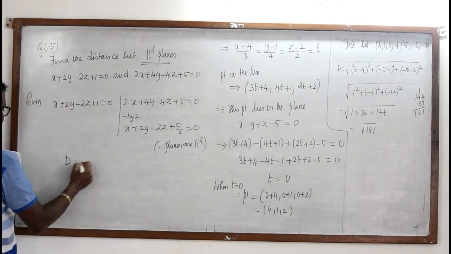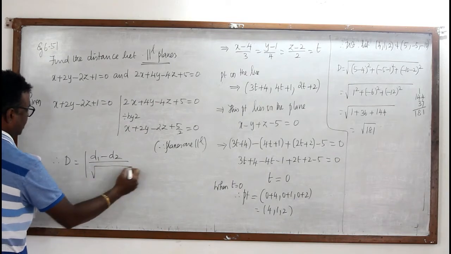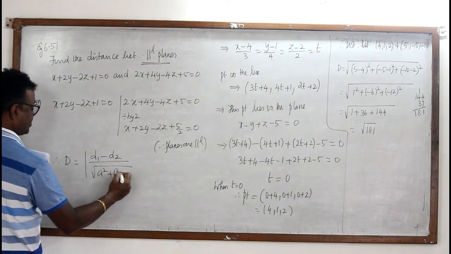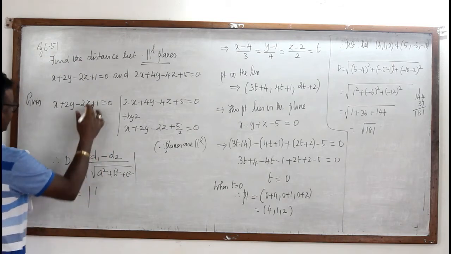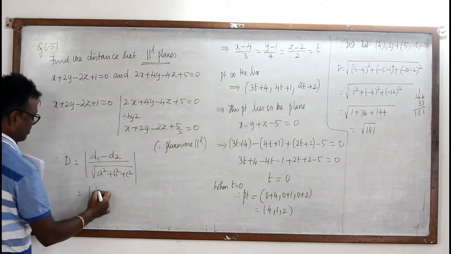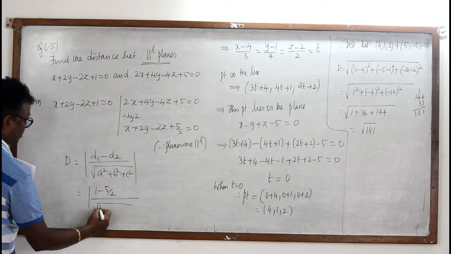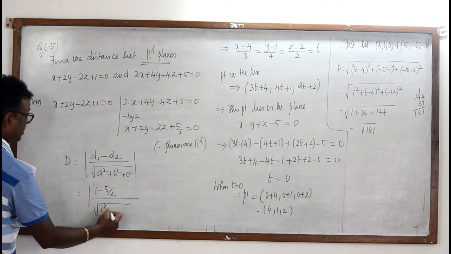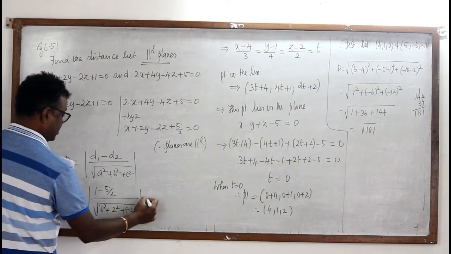Therefore, distance is given by modulus of d1 minus d2 by root of a square plus b square plus c square. That is, d1 is 1. You can take either one as d1. So 1 minus 5 by 2 by root of 1 square plus 2 square plus minus 2 the whole square.